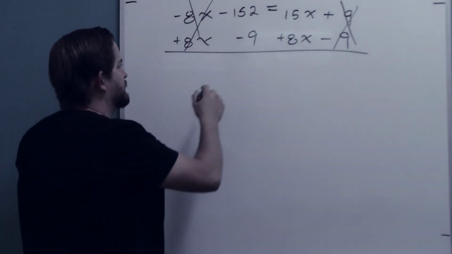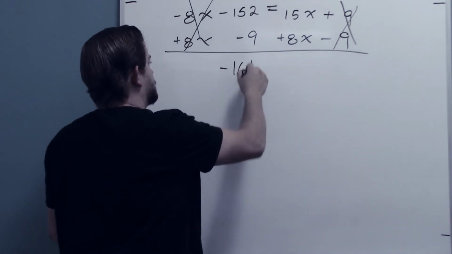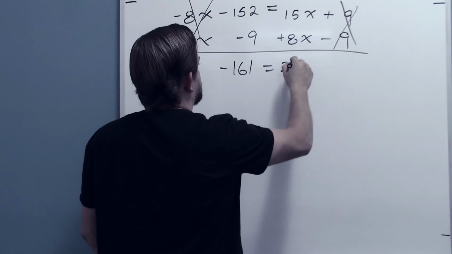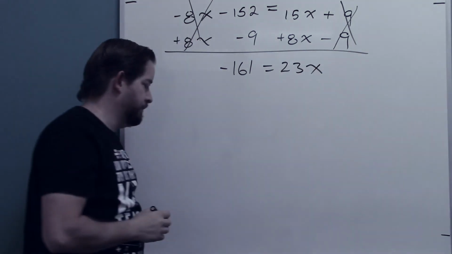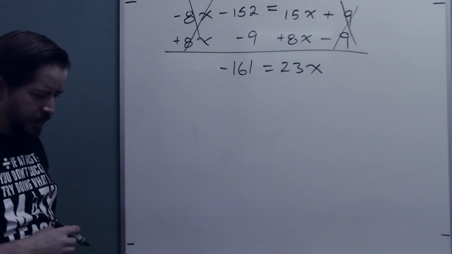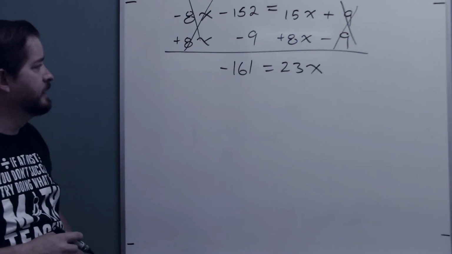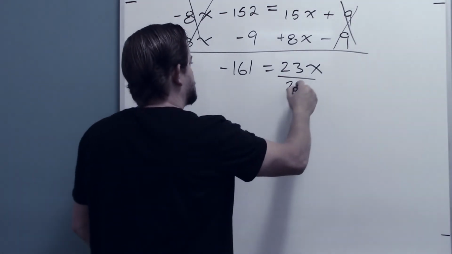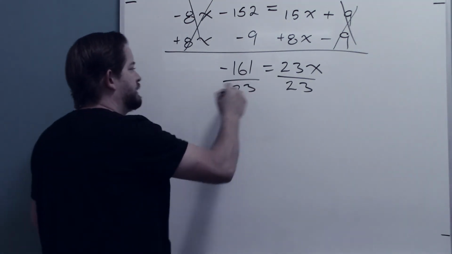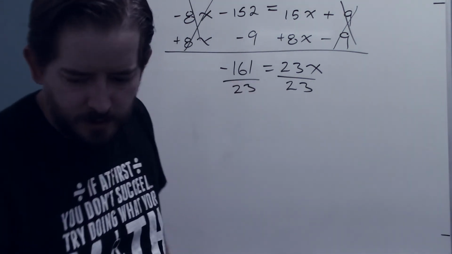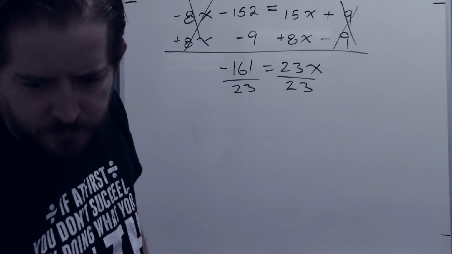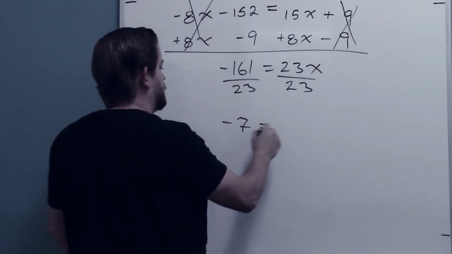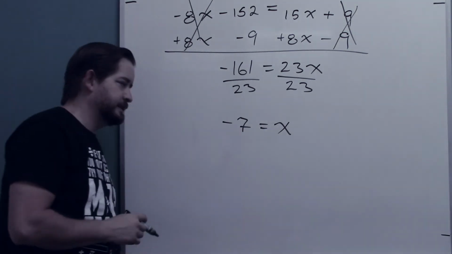This gives me negative 161 equals 23x. Hopefully negative 161 is divisible by 23. Otherwise, this problem is just terrible. Well, let's see. It might not be, I don't know. It is 7. Very nice. So x is negative 7.